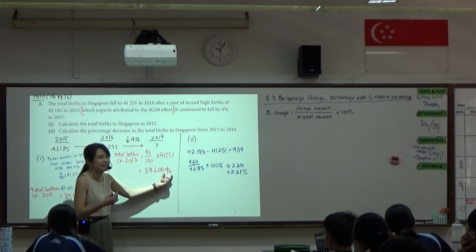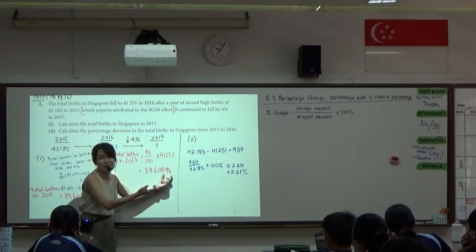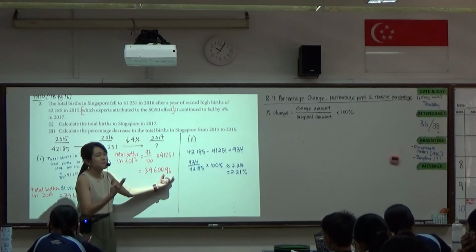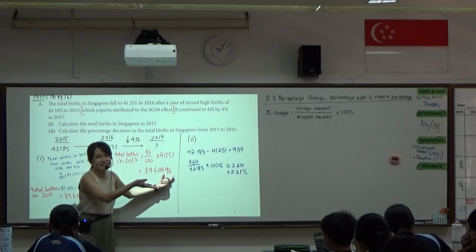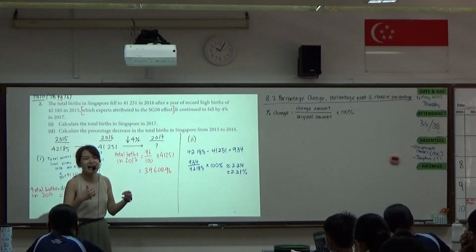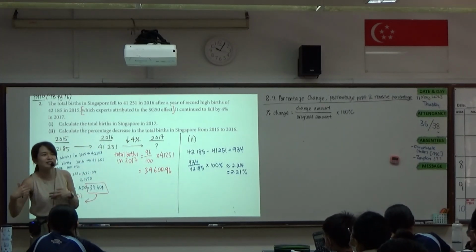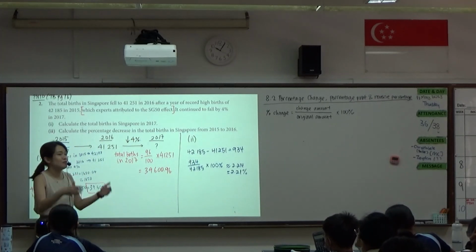So not even one person has been born yet. Only about 0.96 of a person has been born. Imagine that. So it's not yet entirely out. So at 2017, how many births are actually out already? That should be rounded down.